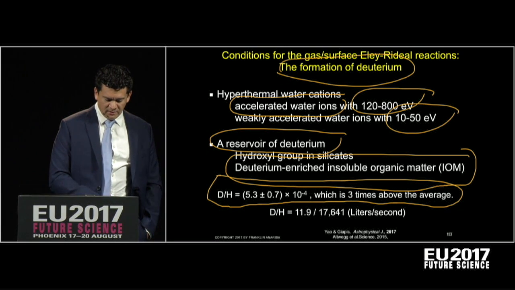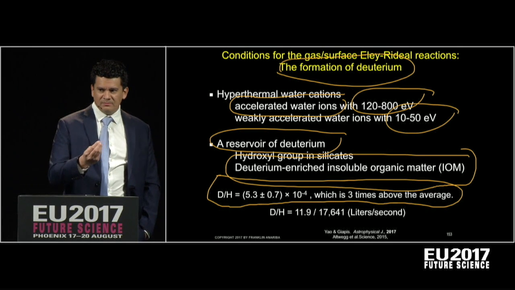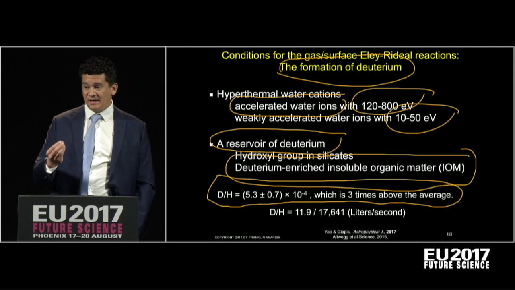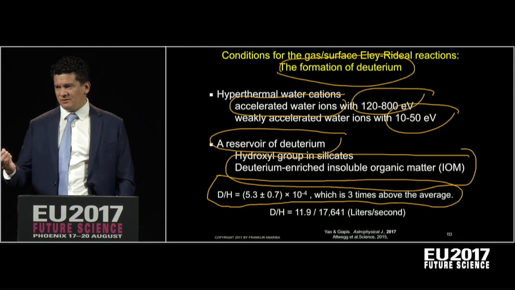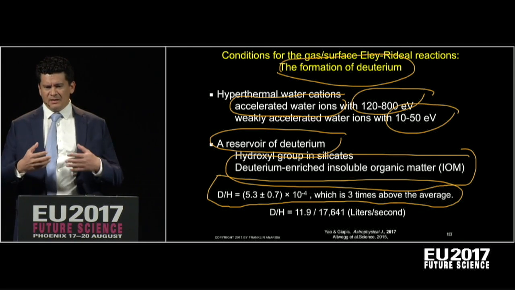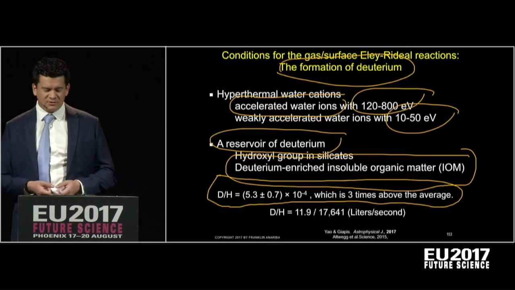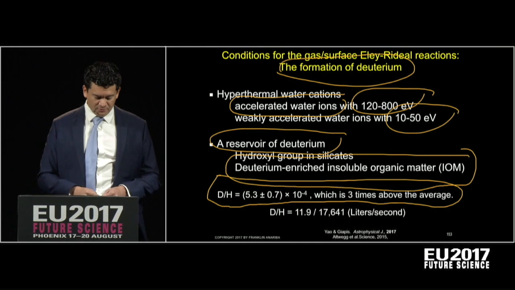This is a deuterium to hydrogen ratio, 5.3 plus or minus 0.7, times 10 to the minus 4. Okay, this is extracted from deuterium outgassing versus water outgassing. But I can also say deuterium formation versus water formation, because it's not clear if these two species are actually outgassing or being formed in situ.